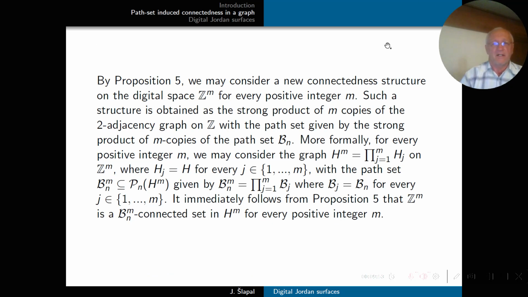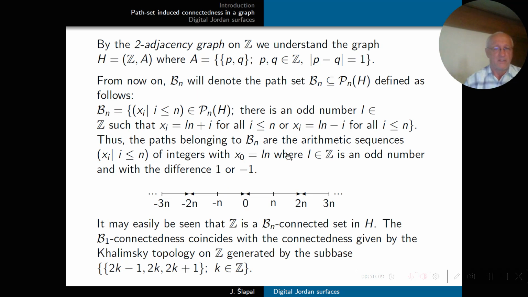So now we have the graph H on the vertex set Z, and we have this set of paths Bn. We may now apply the strong product.